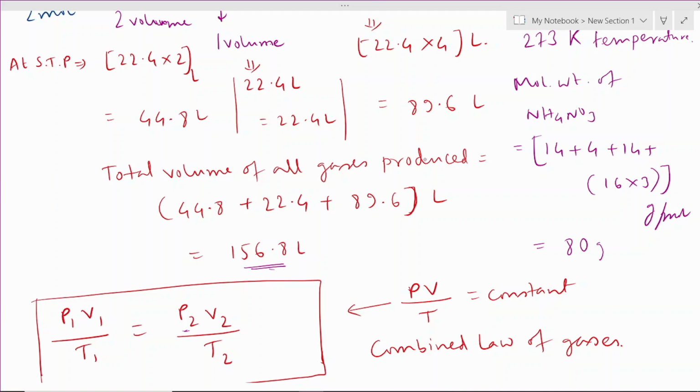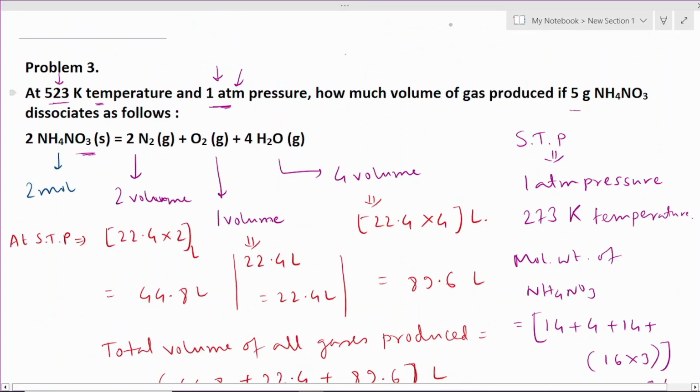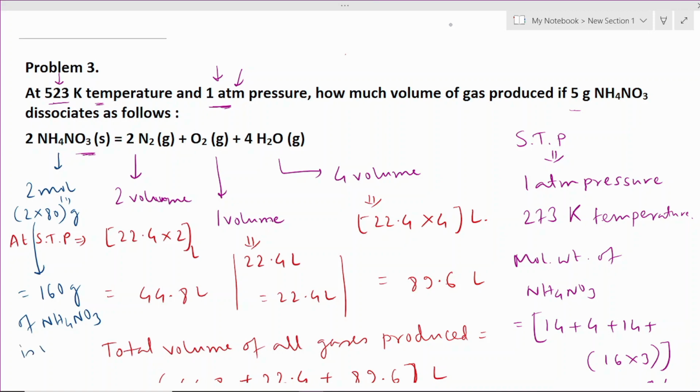This is 80 gram per mole. Therefore 2 moles of ammonium nitrate means 2 into 80 gram, that is 160 gram of ammonium nitrate is used.